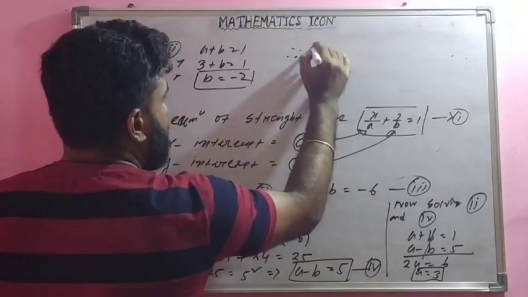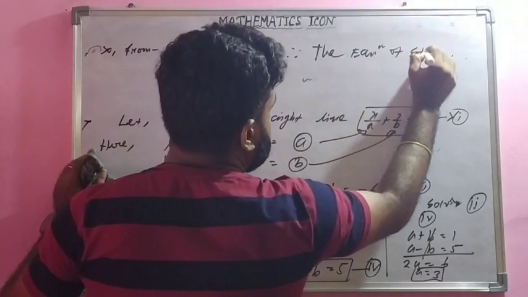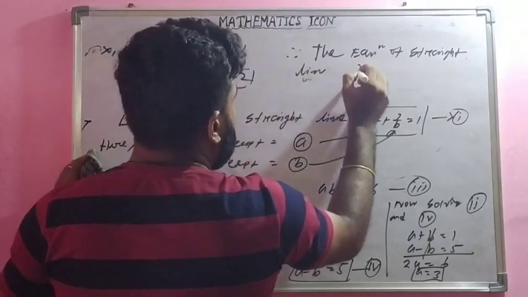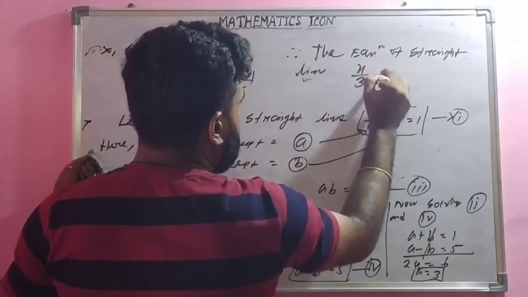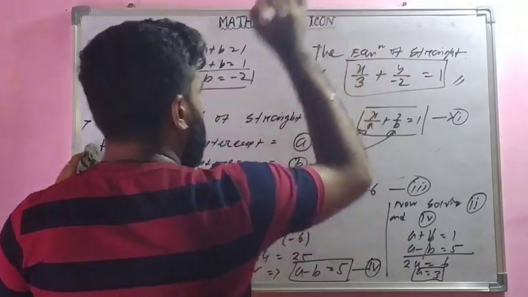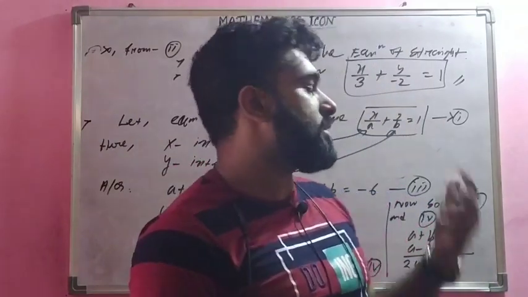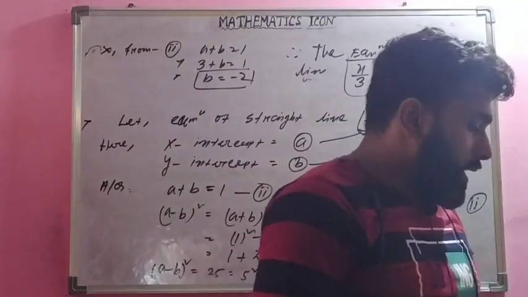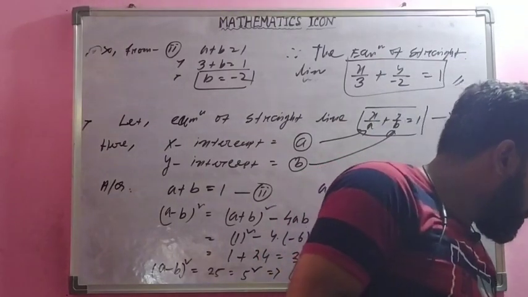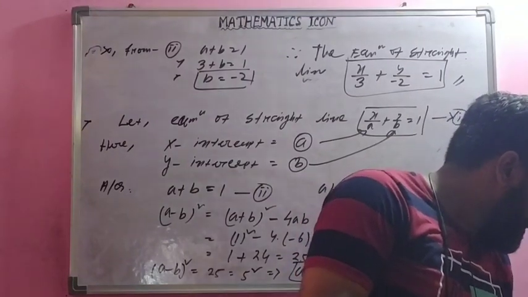So the equation of straight line x by a plus y by b equals to 1. That is the final equation. Okay, that is the final straight line equation. I think according to the question, you need to get the straight line equation, and that is solved. Okay, right? Now next question.